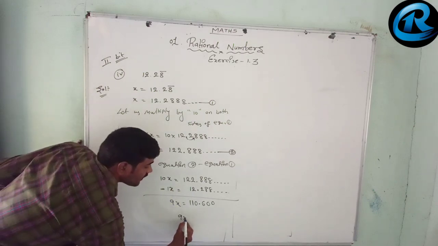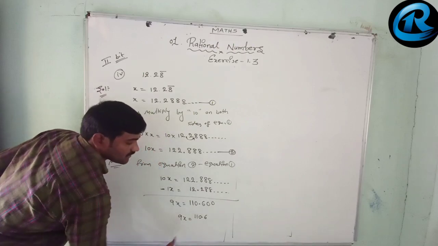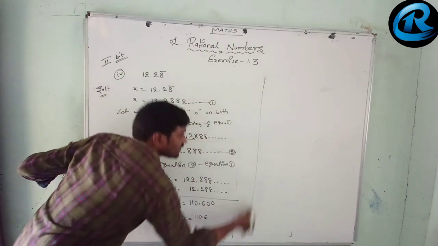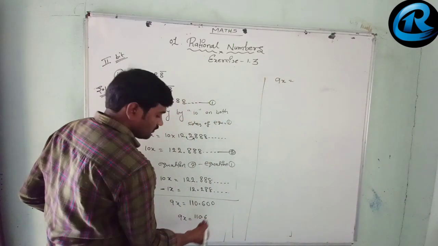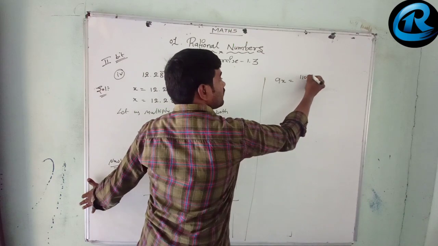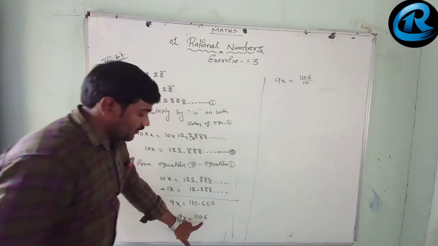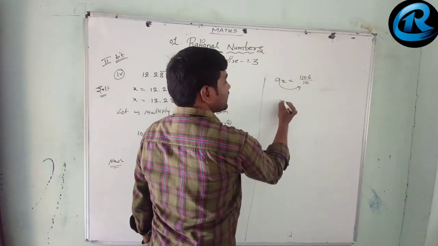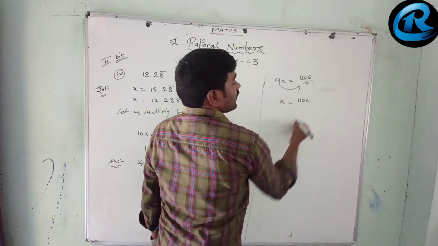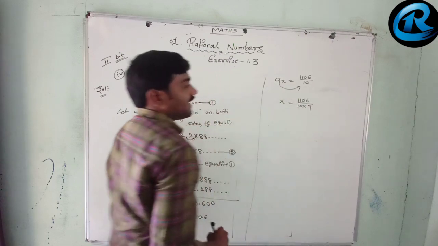Now we write here 9x equals 110.6. Yes, this is a decimal number. Let us change it into a fraction. So as you know, 9x equals 110.6 by 10, because there is only one decimal place. Now this 9 is multiplied, so you transfer it to this side: x equals 1106 by, already there is a 10 into 9.